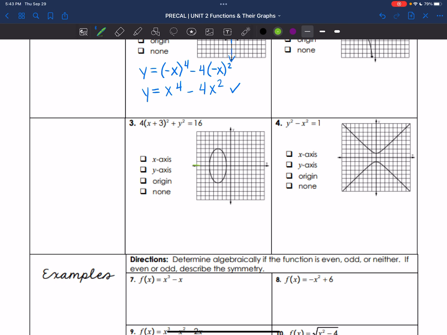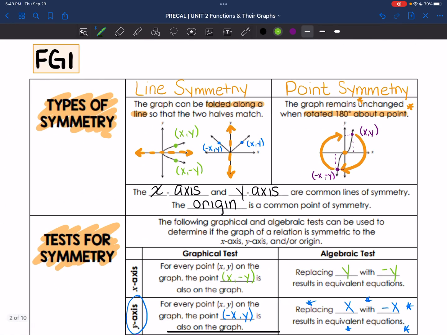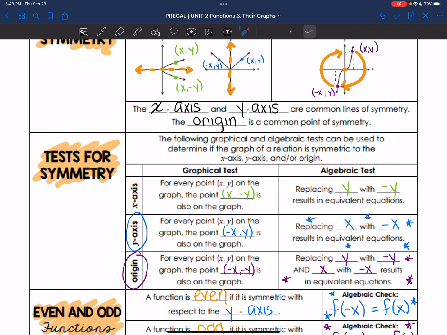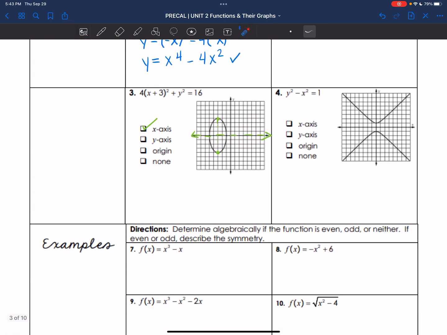Well, if I were to fold right here along my x-axis, then it would be a perfect reflection. This point would reflect down from that positive y value to that negative y value, but on the very same position of x. To check algebraically, we will go ahead and replace y with the opposite of y. And when we do so, here is the result.